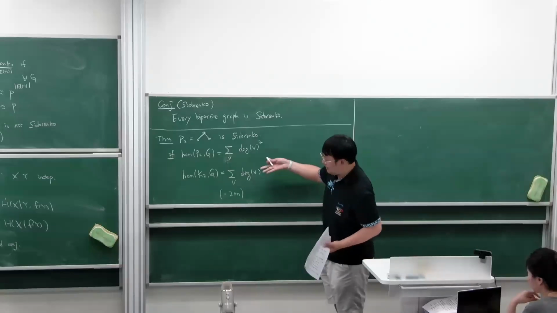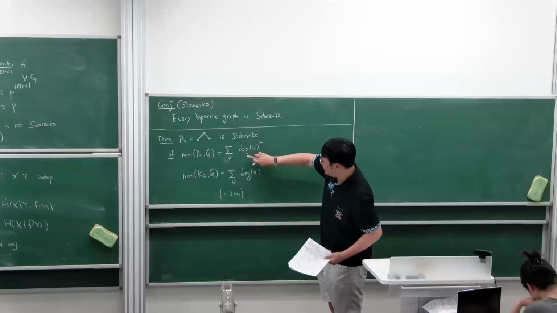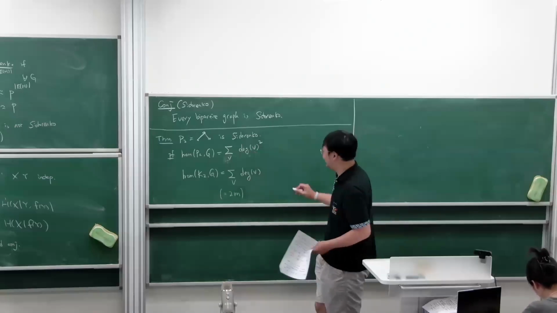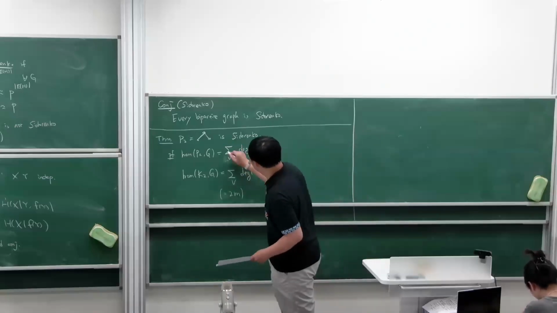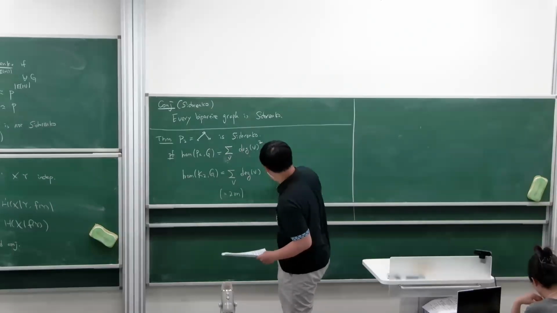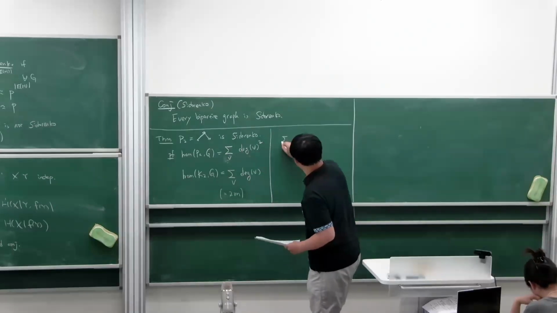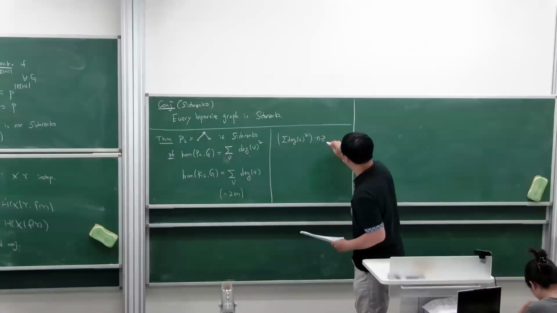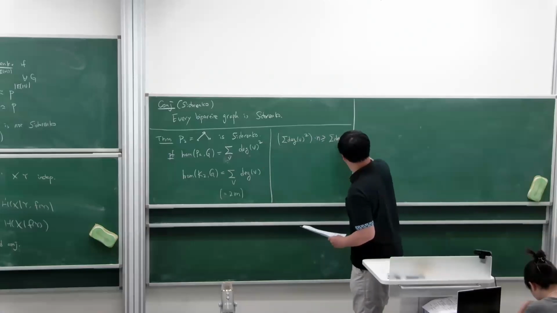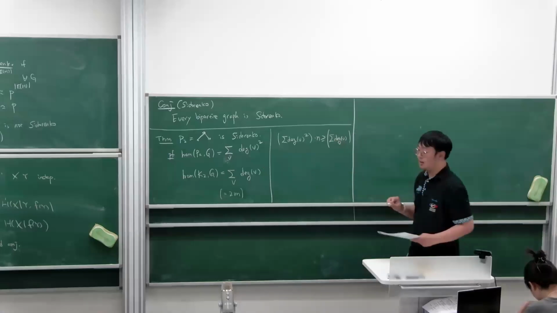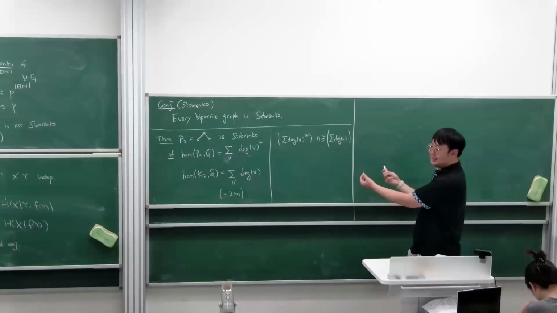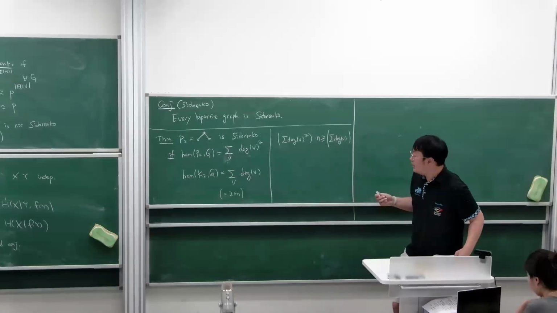And I guess it's a middle school exercise to try to lower bound this one using this one, right? So you have the sum of x squared, you want to lower bound it by the sum of x, so you use Cauchy-Schwarz, viewing this n as a sum of many ones.